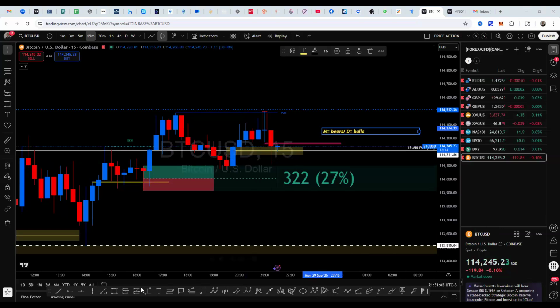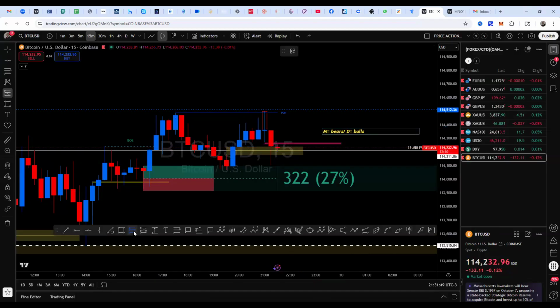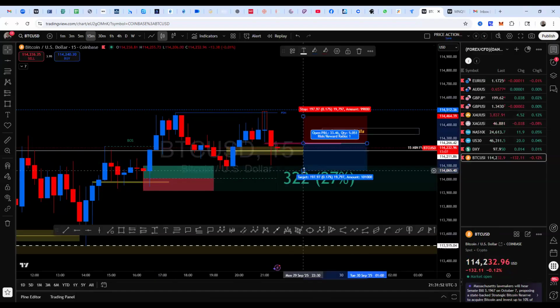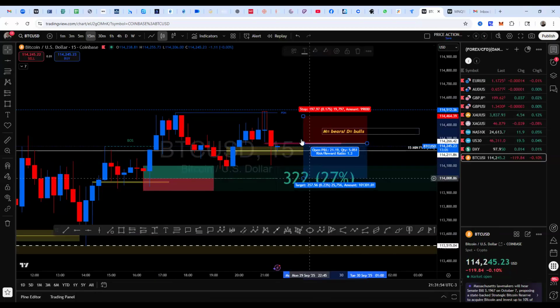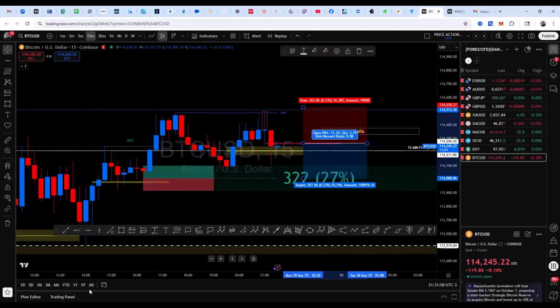Okay, we close with some strength, so I'm going to do a short scalp, short set. Get onto this order block here, I'm going to put a stop loss here. And then we'll see if we can get ourselves a nice quick scalp.